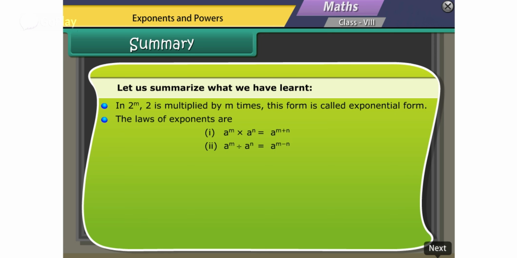2. a^m divided by a^n is equal to a^(m-n). 3. (a^m)^n is equal to a^(mn). 4. a^m into b^m is equal to (ab)^m. 5. a^0 is equal to 1. 6. a^m upon b^m is equal to (a/b)^m.